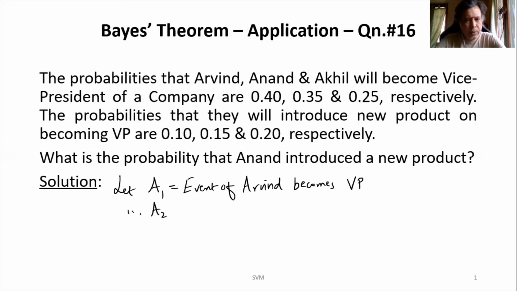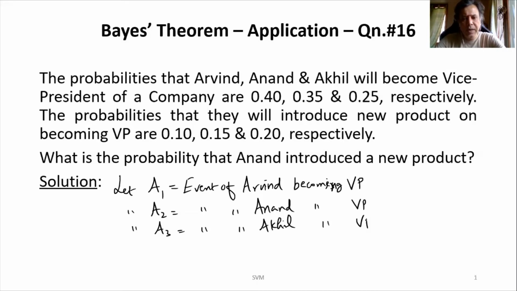Then A2 equal to event of Anand, or I should say becoming Anand becoming VP. Then A3 is the event of Akhil becoming vice president.